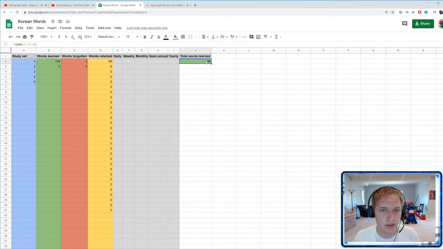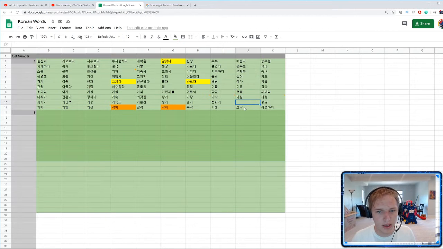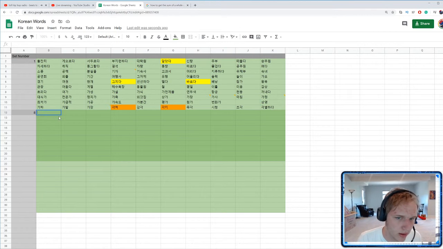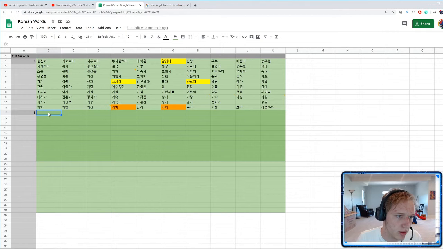But then I would be able to see the total words I learned, as well as know exactly, okay, I forgot sorap. So instead of adding it back to this set ever, what I would do in the future, maybe on this one, I get back to it and I put, let me just copy this here. So I would go back and put this here, so sorap.